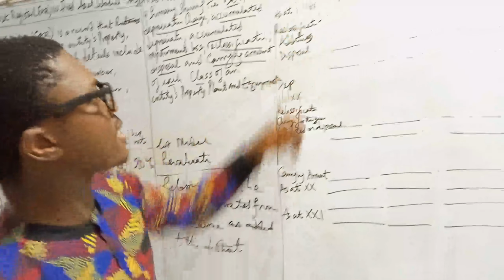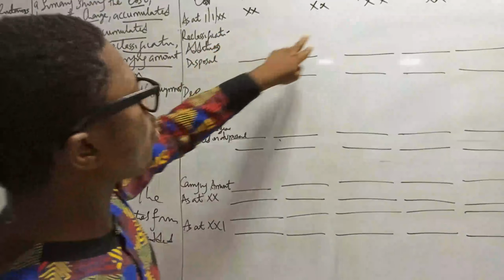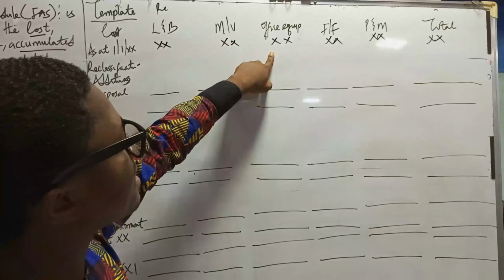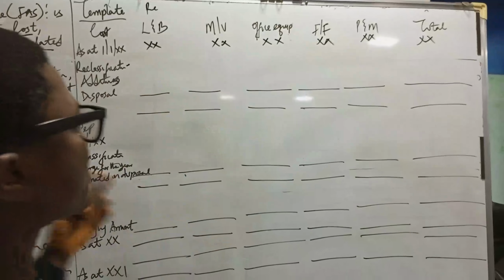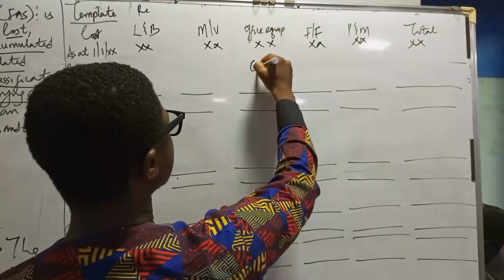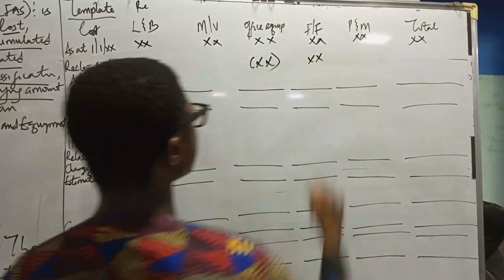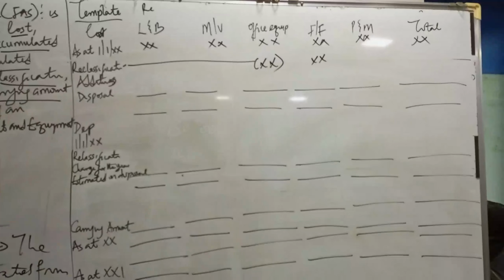What is this saying? This is saying that should you want to reclassify an item in equipment to be added to furniture and fittings, we simply subtract such item from equipment and we add it to furniture and fittings. That's reclassification.